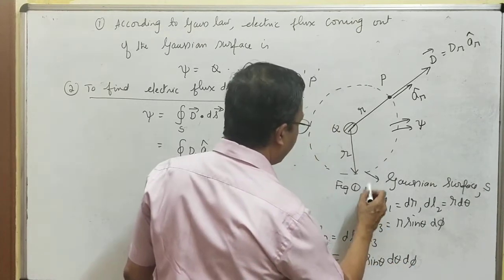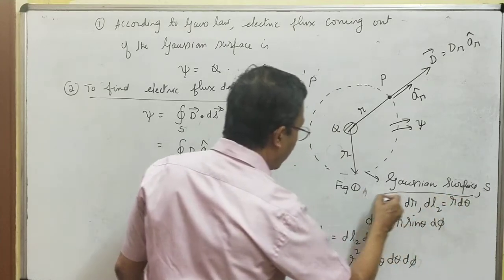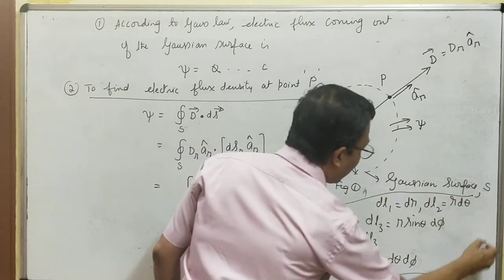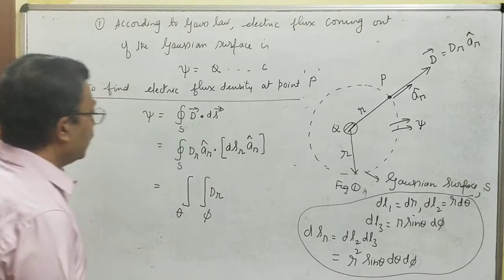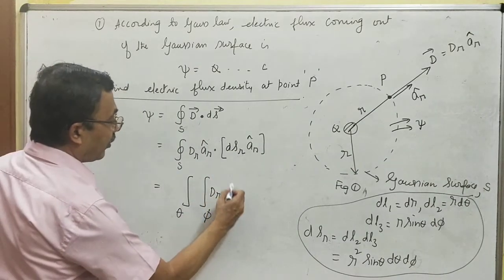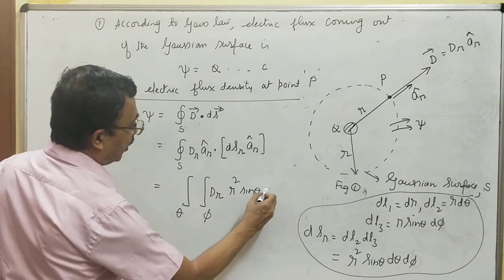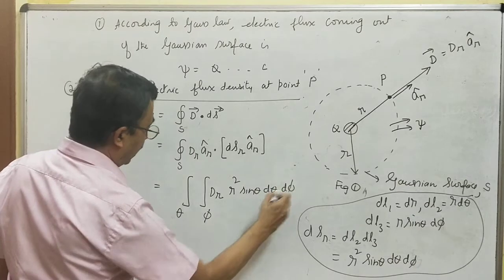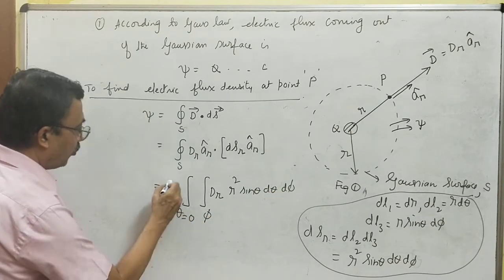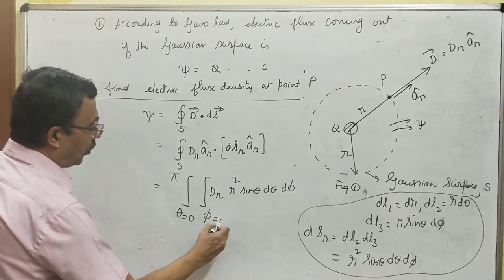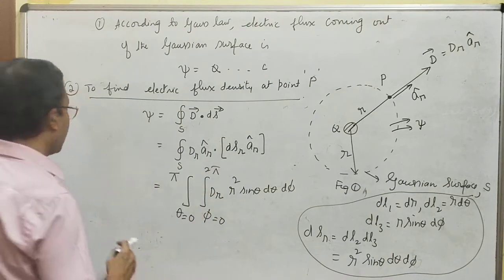This is a note, for your inference only. You can write this in the margin. So dSr is r square sin theta d phi. Theta for a sphere varies from 0 to pi. Phi varies from 0 to 2 pi.